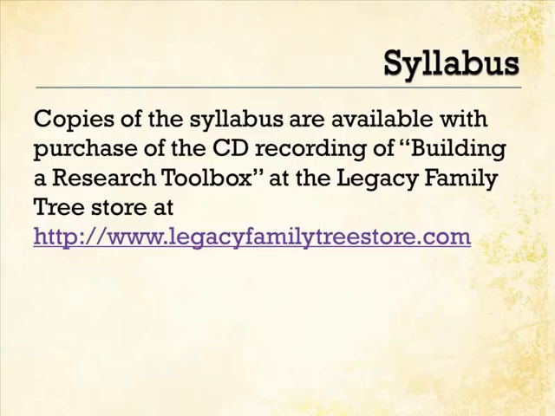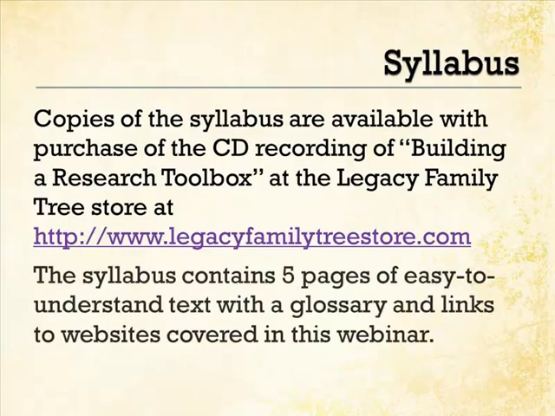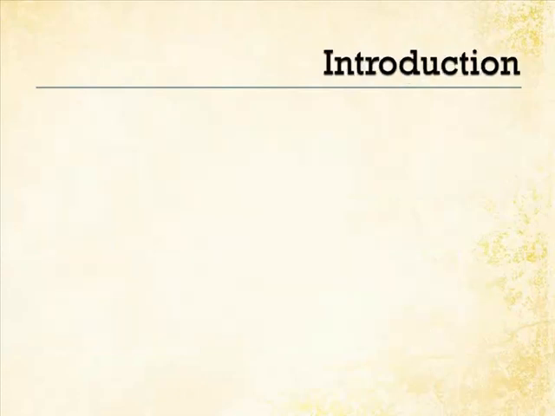Yes, that's right. Well, it's actually available to purchase immediately. Right, at the Legacy Family Tree Store, and there are 5 pages. It's my standard format, large type. I don't believe in small type. I'm too old for small type, and so why don't we get into the topic here?